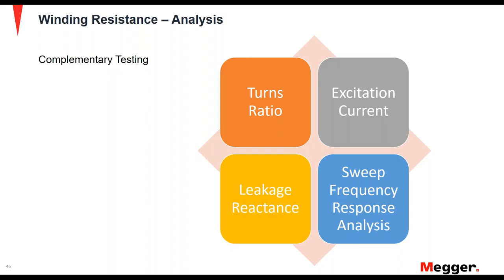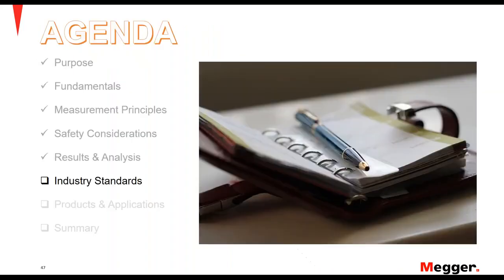And then you have other tests such as leakage reactance and sweep frequency response analysis, also known as SFRA. So it is a combination of all these tests that should be utilized when questionable results are obtained. So it should not be a unilateral decision. You should rely on data that is consistent across all such tests to make sure that your winding condition is acceptable or maintenance is required.